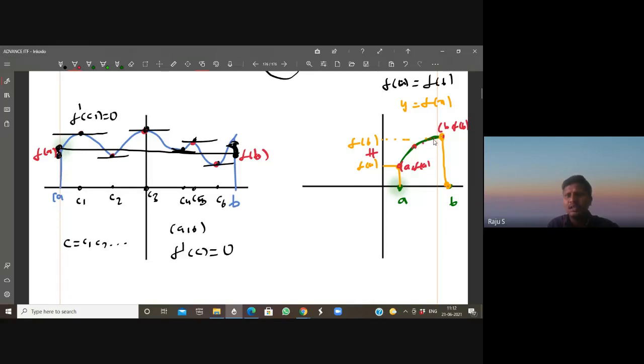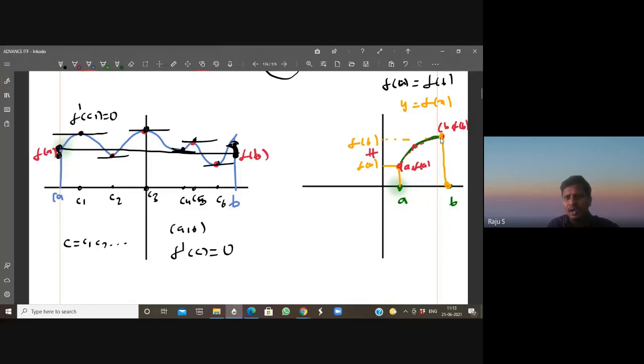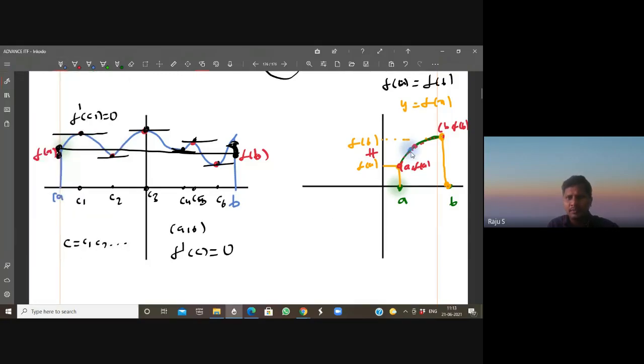You can choose any point in between a and b, anywhere. The tangent should not be parallel. I'm taking the point here, and I want to draw the tangent at this point. Now we can draw the tangent.